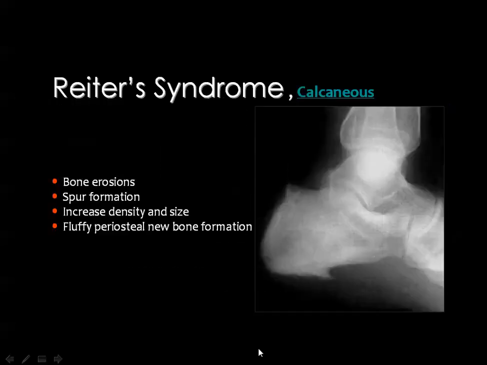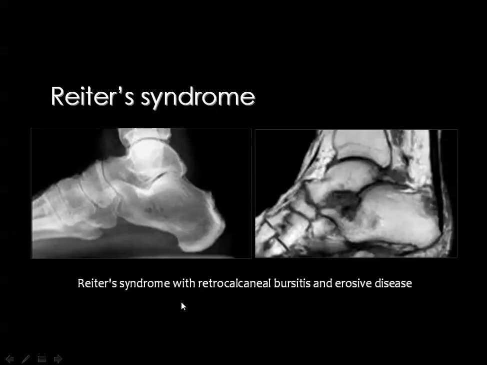Then in the calcaneus, similar manifestations to psoriasis are seen, including bone erosion, spur formation, increased bone density, and the fluffy periosteal new bone formation. To differentiate psoriasis from Reiter syndrome, whenever you look at the ankle joint, you should go to the clinical manifestation: the skin and nail changes in psoriasis, the urethritis and the conjunctivitis in cases of Reiter syndrome.